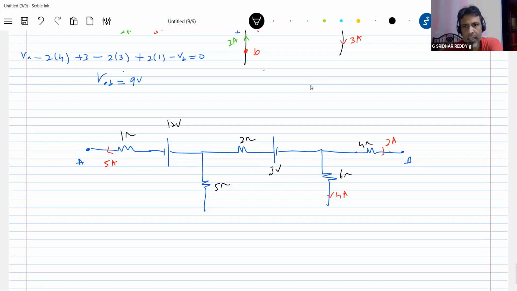We have to find VAB, the power dissipated in the 5 ohm, and which battery is charging or discharging.